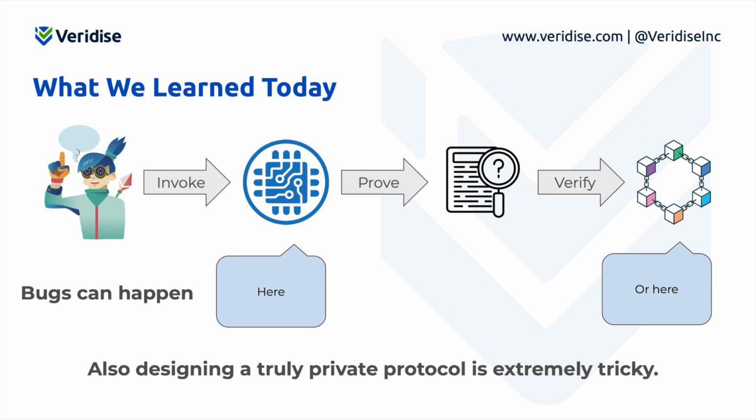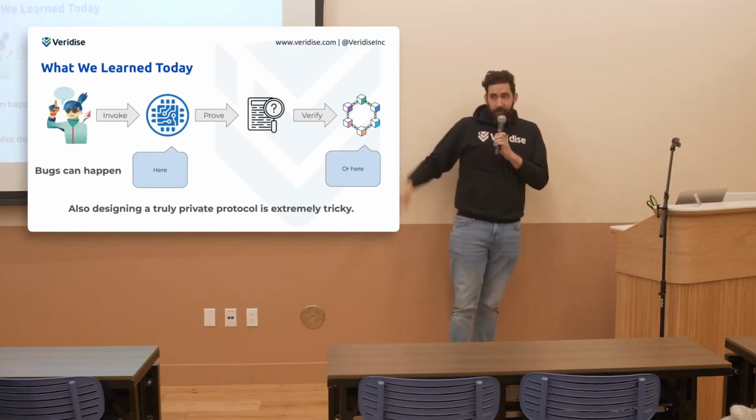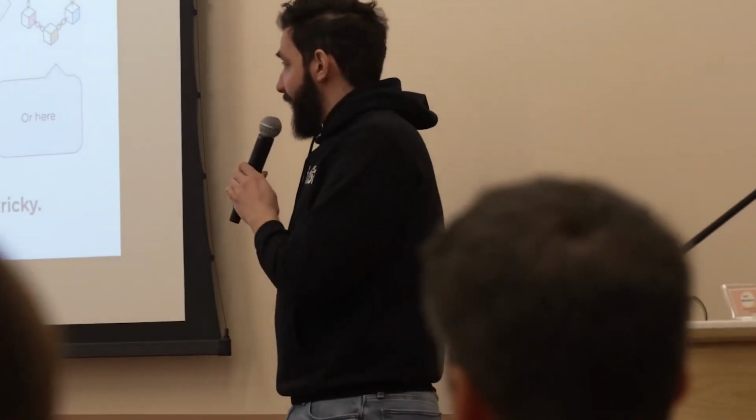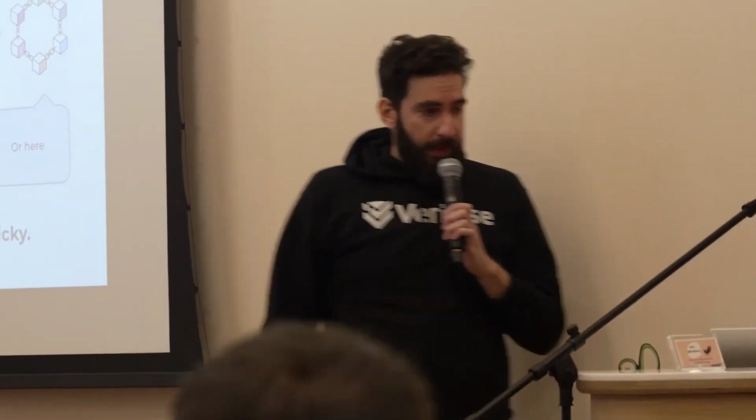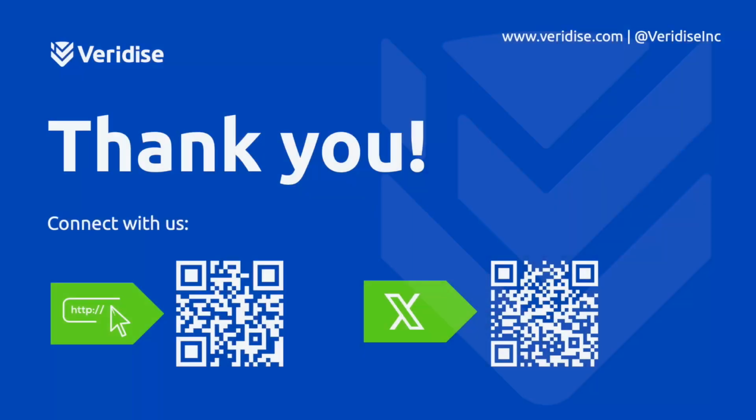And as we saw, bugs can happen either on the circuit or on the blockchain or anywhere in between, right? Because you might have implemented each of the components correctly, but the interaction of the two might actually introduce some very tricky bugs. And I think that's all we have for today.